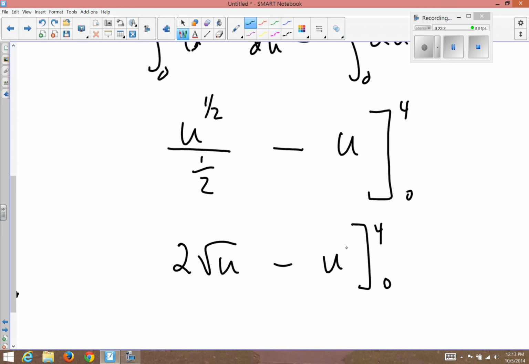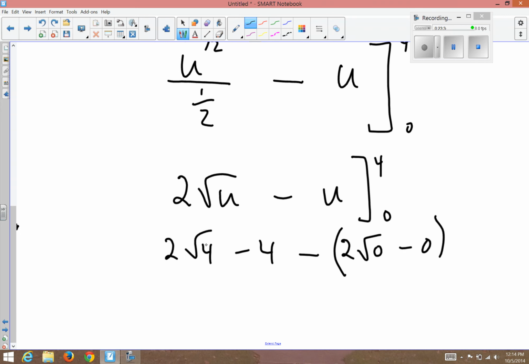So replace every u with 4: 2 radical 4 minus 4, and minus. Now replace every u with 0: 2 radical 0 minus 0. Square root of 4 is 2, times 2 is 4, minus 4, minus 0, so 0 is the answer.